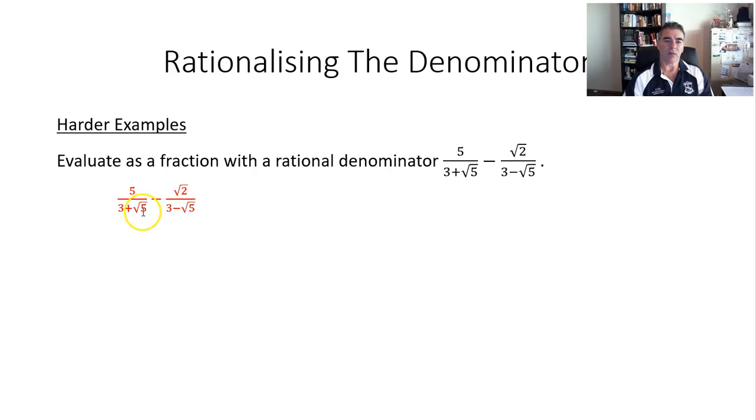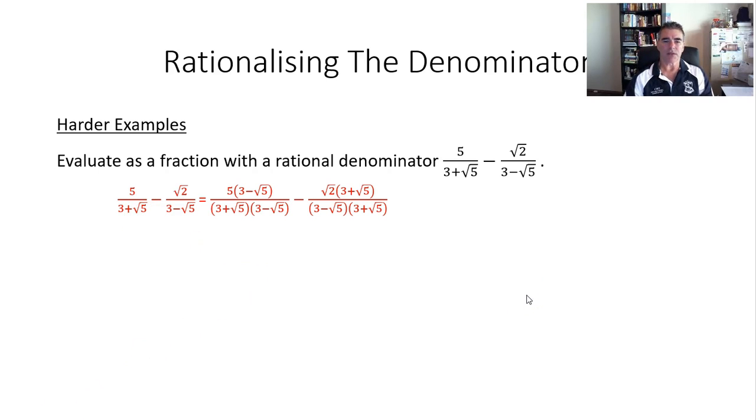And then that means I've got to multiply the numerator by that as well. So let's go ahead and do that. So here's our first fraction. I'm just taking this denominator and multiplying it by both the numerator and denominator. Then take away, here's our second fraction. I'm multiplying both the numerator and denominator by this denominator.